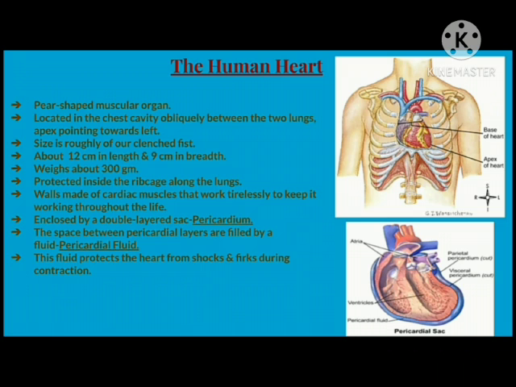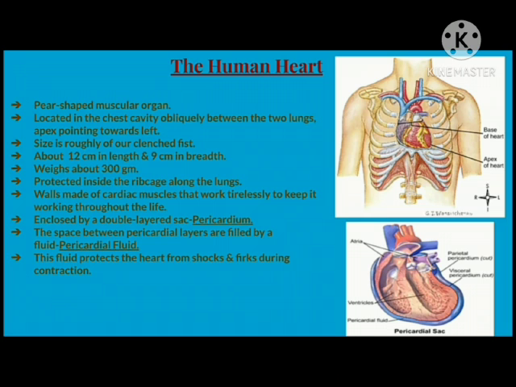The heart is made up of cardiac muscles which work tirelessly to keep it working throughout life. And it is enclosed in a double layered sac. It is covered with a double membrane, and these membranes are called pericardium.